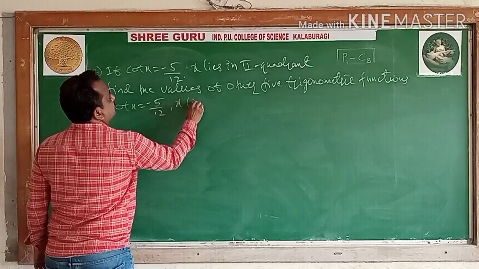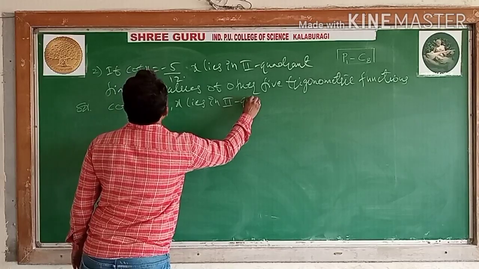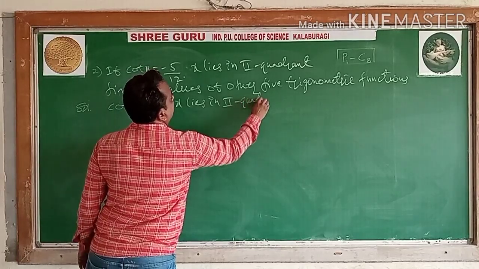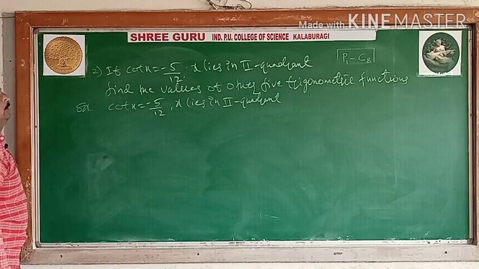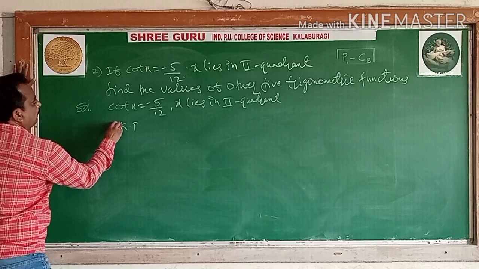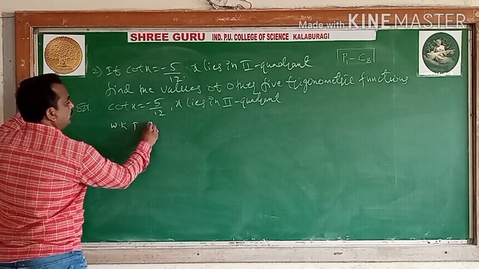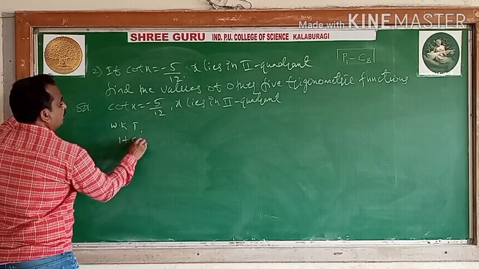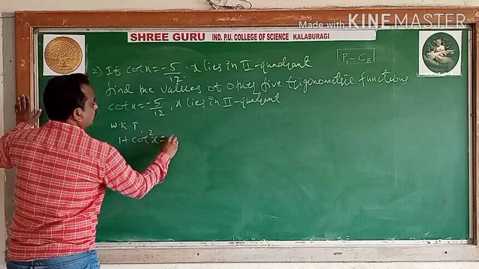X lies in which quadrant? Second quadrant. Cot is negative there. Only sine and cosec are positive. You should remember that. I will go for one of the methods, but first I will use the identities. We know that 1 plus cot square theta is equal to cosec square theta.